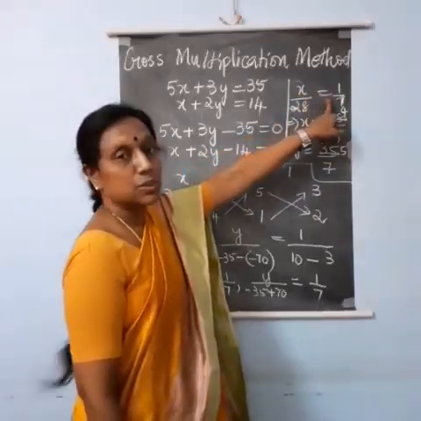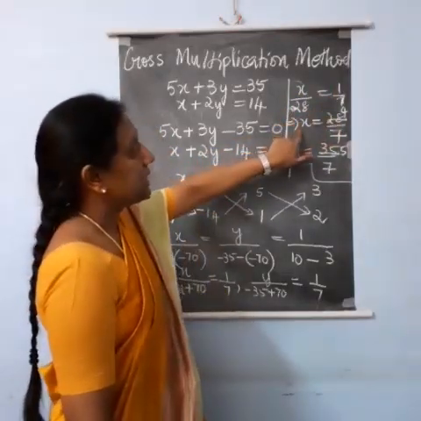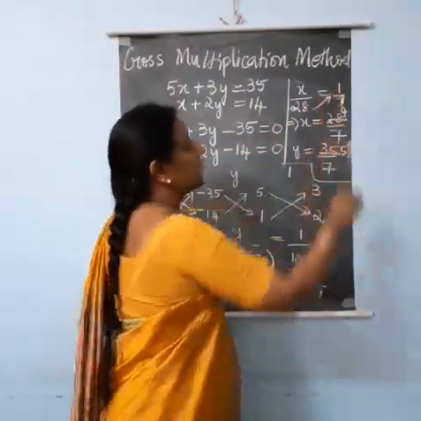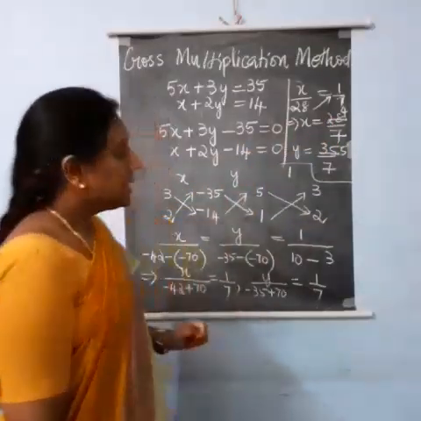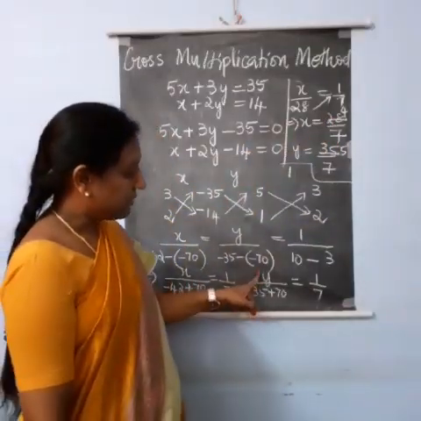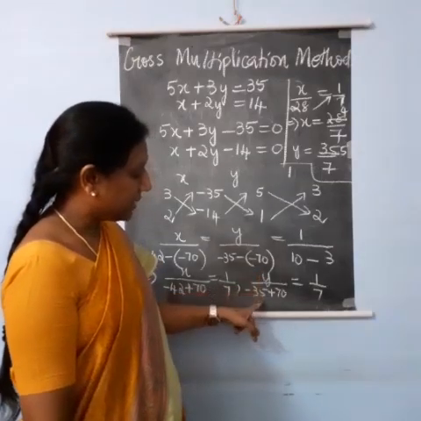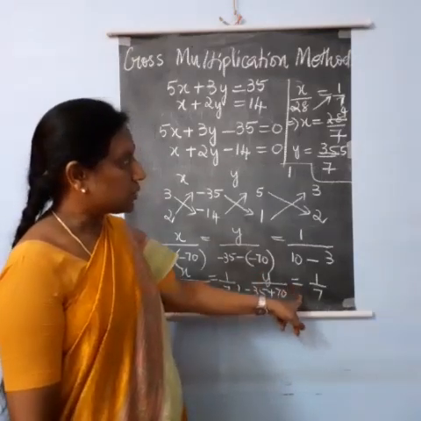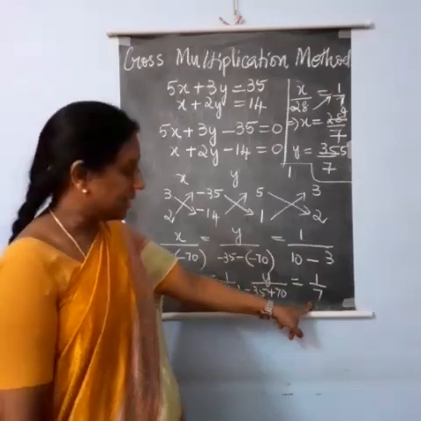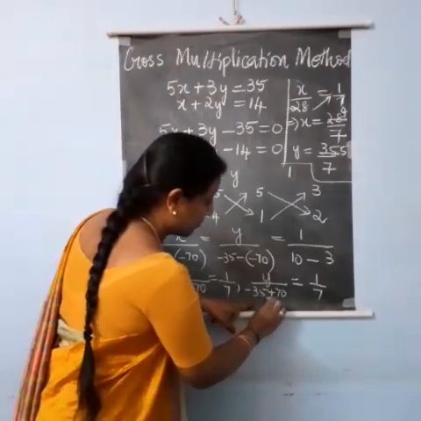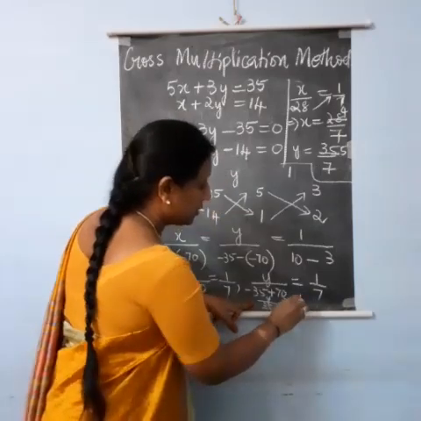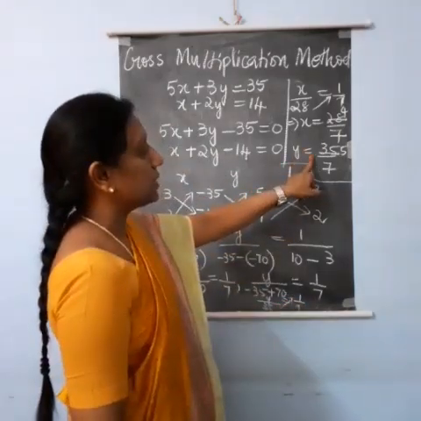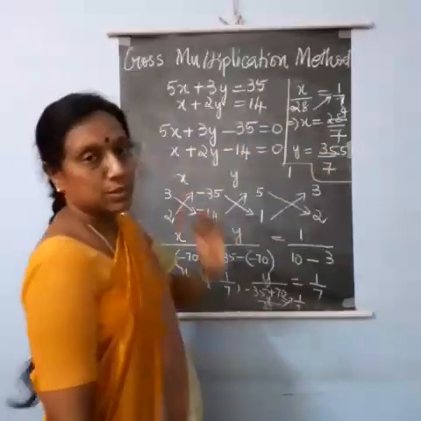So that is x is equal to, when you cross multiply, you get 28 by 7, which is equal to 4. Similarly, when we simplify this part, you get y by 35 equal to 1 by 7. Correct? When you cross multiply, you get y is equal to 35 by 7, which is equal to 5.